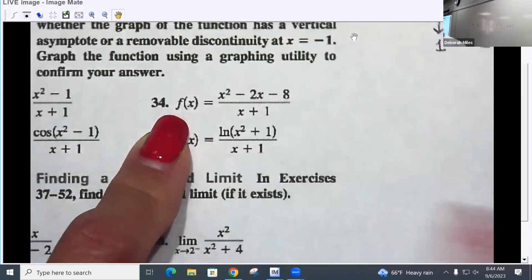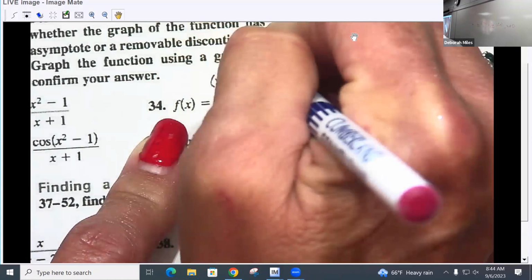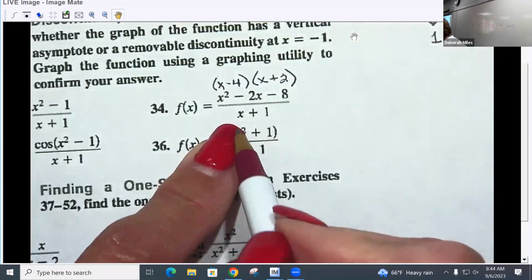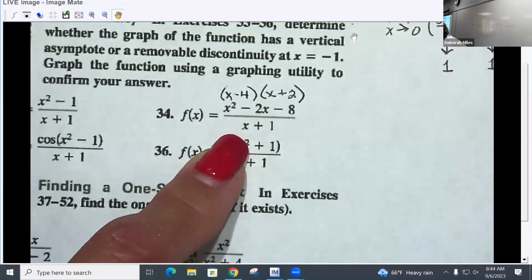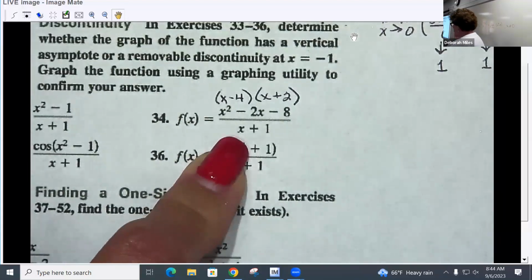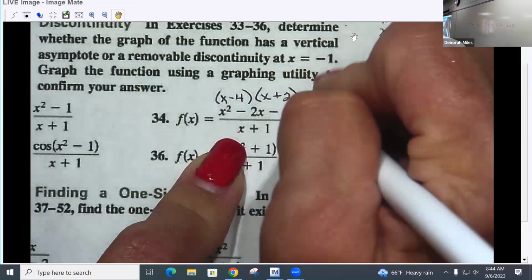That's exactly right. x minus 4 times x plus 2. If you cannot remove that factor, then you have a non-removable discontinuity of a rational function. And what is indicated by a non-removable discontinuity for a rational function? Vertical asymptote.